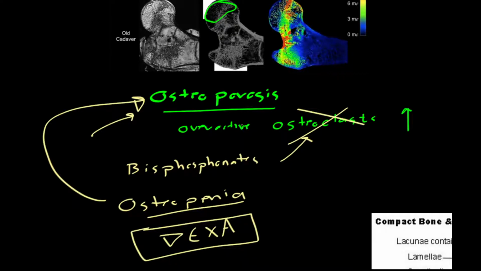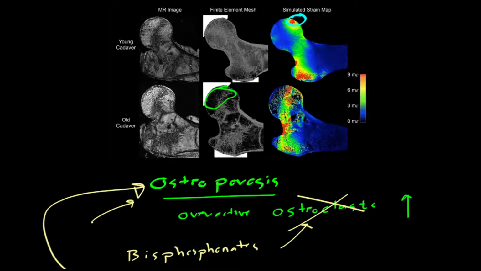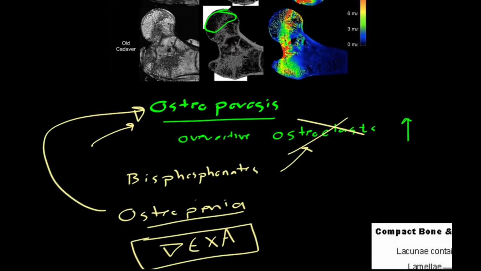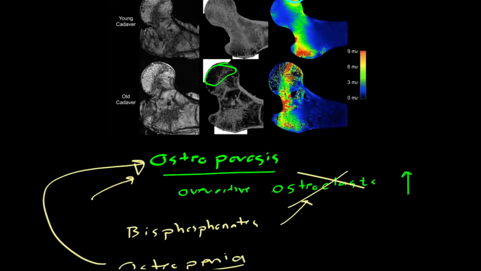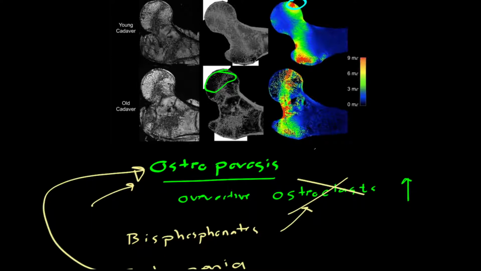Just because you have high bone density does not necessarily mean the microarchitecture is arranged in a beneficial way. I don't have answers for what a better way to do this is. That's still an area of active research. But hopefully this has been a useful insight into how some of the things we've learned about bones can be applied to the kinds of health problems that we have with bones.